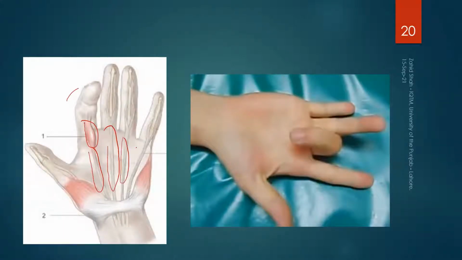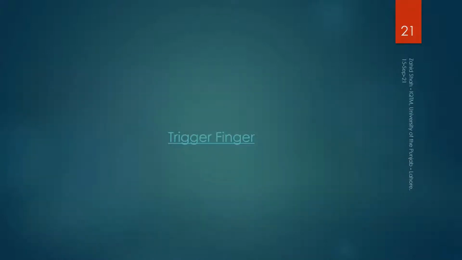The muscles that flex the fingers and the hand as a whole are in the forearm, and you could see the long tendons originating in the forearm and extending into the fingers. So if any of these tendons locks up or swells, then it is very difficult to straighten that finger. So trigger finger is a very common problem.